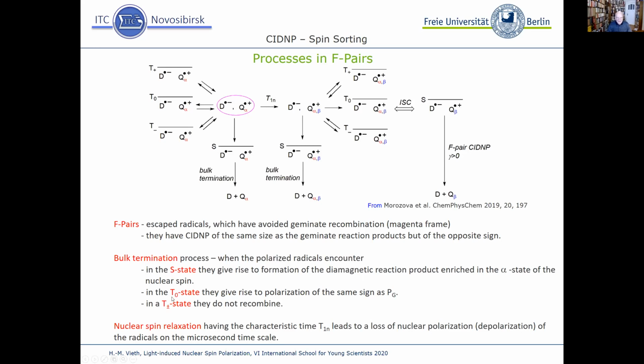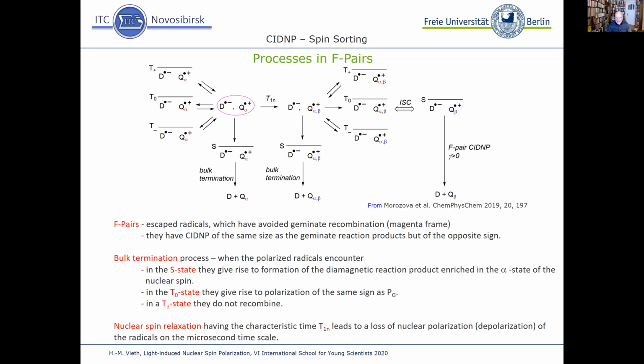Once they are, however, meeting each other in the T0 state, they act exactly as the initial radical pair, because it's in the same state as after the formation of the radical pair.